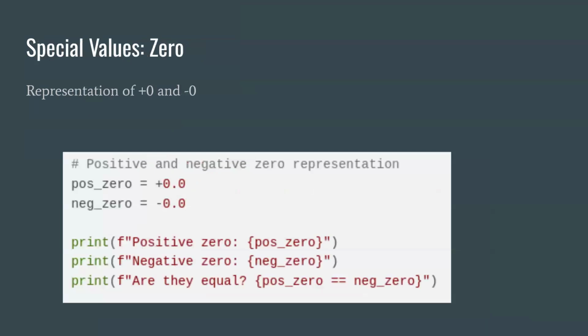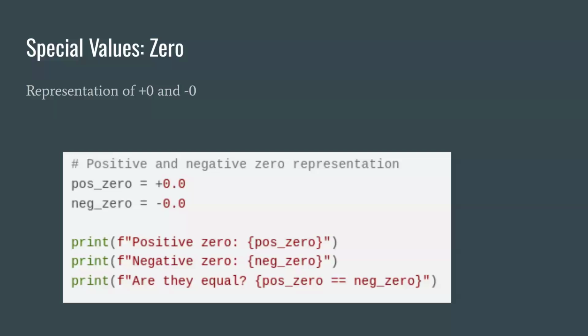Special values, which is 0. So in the IEEE 754 standard, both positive 0 and negative 0 are represented. You might find this to be odd, but this can be useful in certain mathematical contexts.